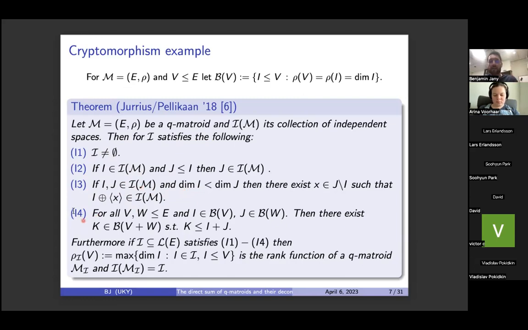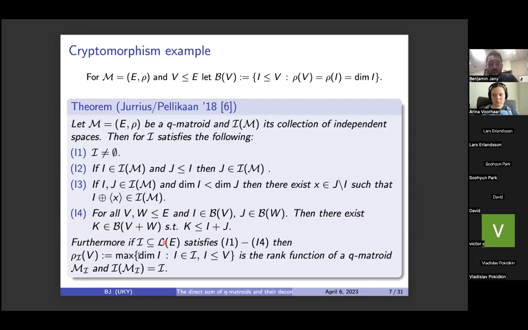But it also satisfies this property I4, which says that if I take any 2 subspaces V and W of E, and consider any 2 maximal independent spaces, I and J, that are respectively in V and W, then I can find a maximal independent space K that is in V plus W, and that is also contained in I plus J. So this property seems a little weird, I would say, but it is in fact necessary to show the cryptomorphism.